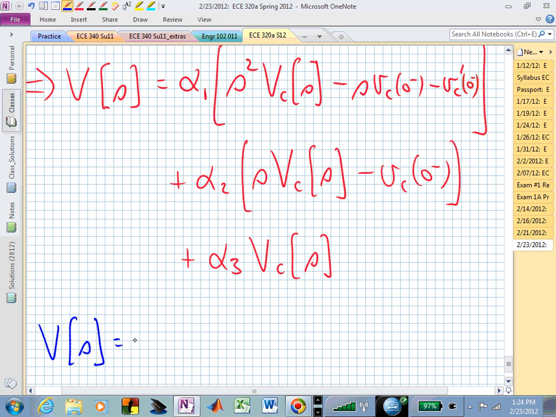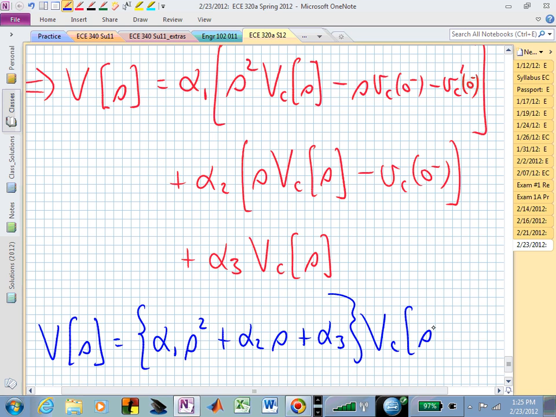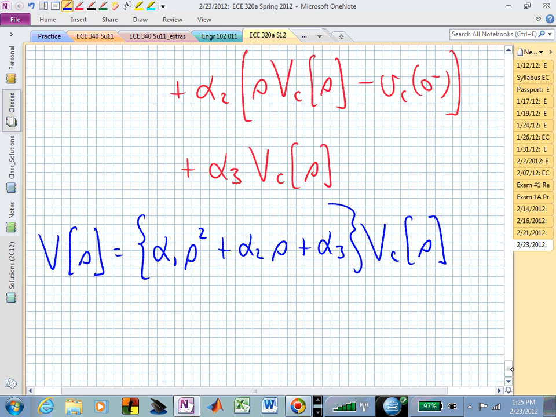We have an alpha 1 S squared plus an alpha 2 S plus an alpha sub 3. All of those scale or weight V sub C of S. And we actually give this a name. This is actually our characteristic polynomial.